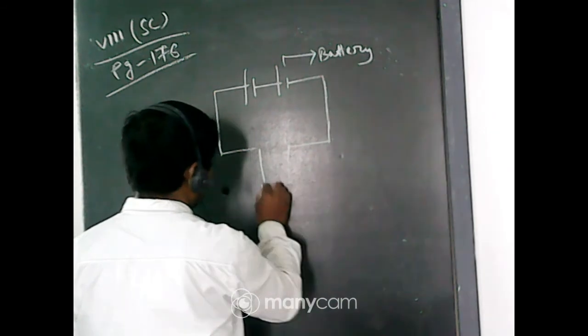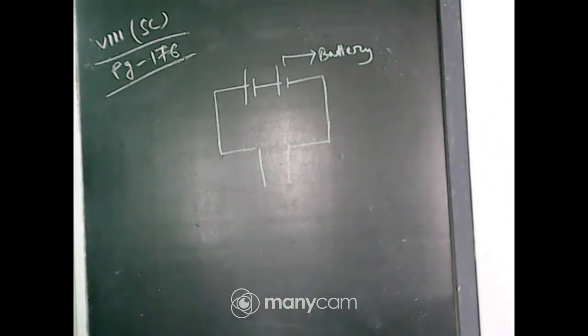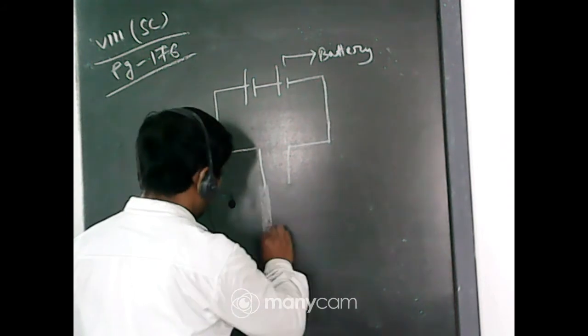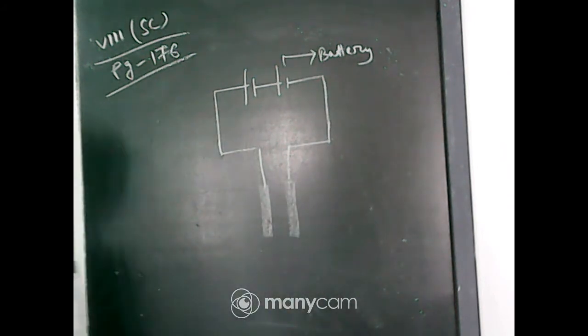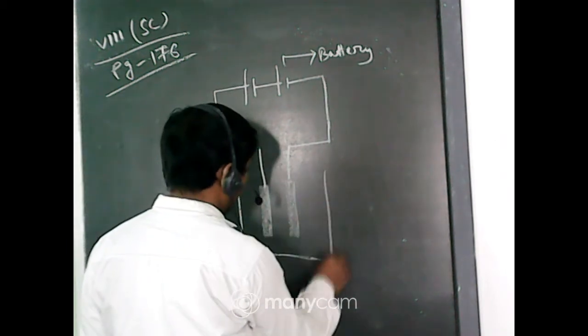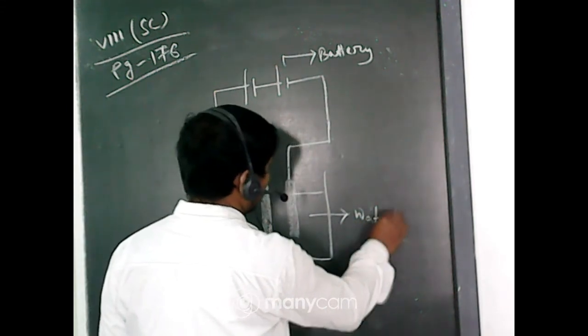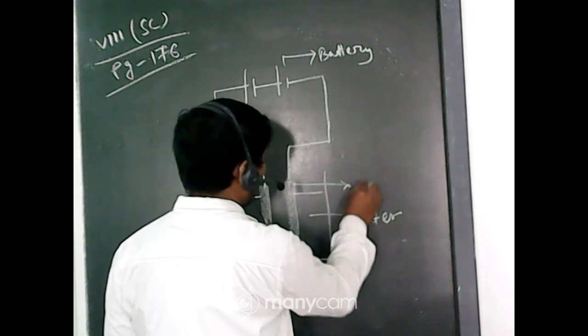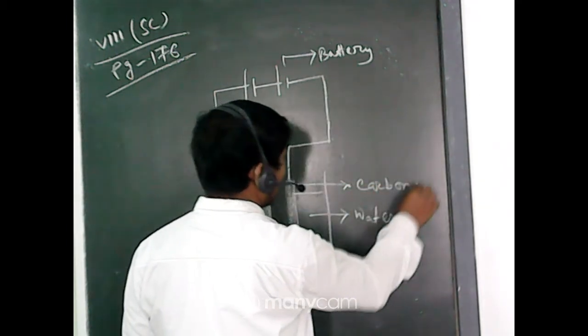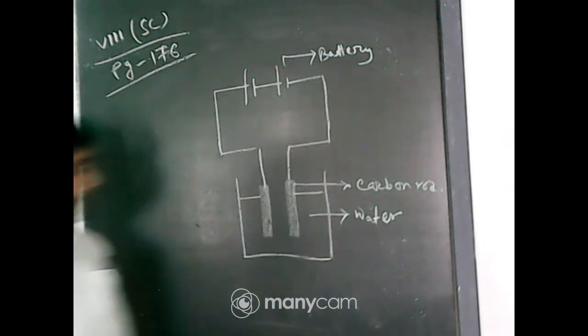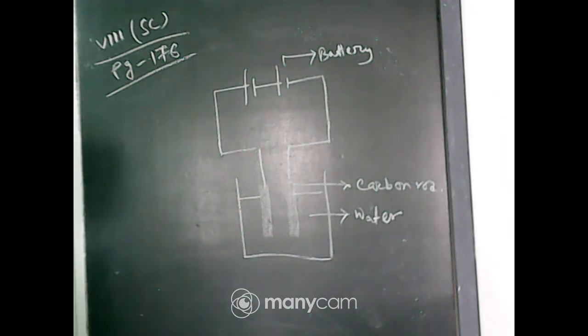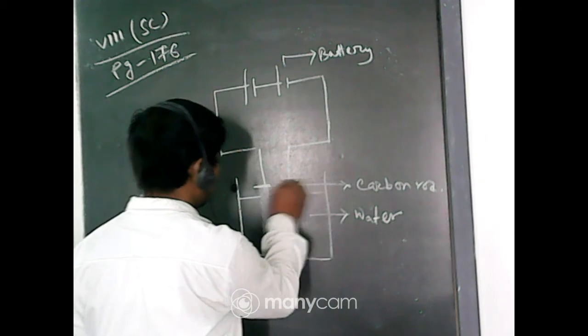You can see the two ends of the wire are connected with the carbon rods. This carbon rod is dipped in a solution, that is water. This is the battery, and this is the metal cap.